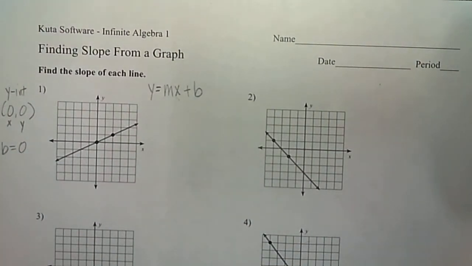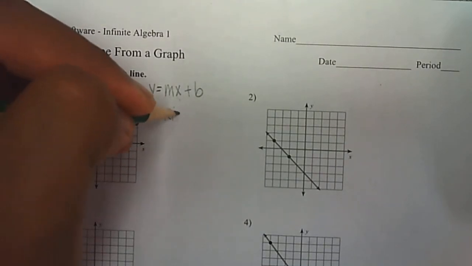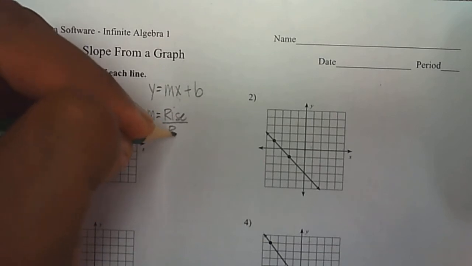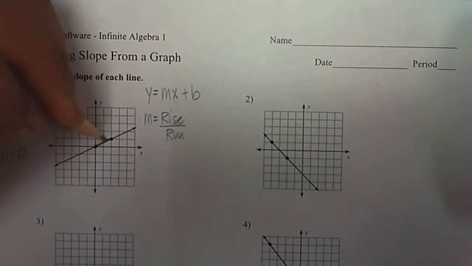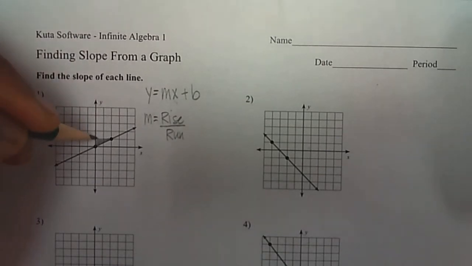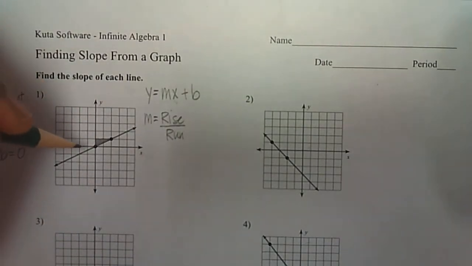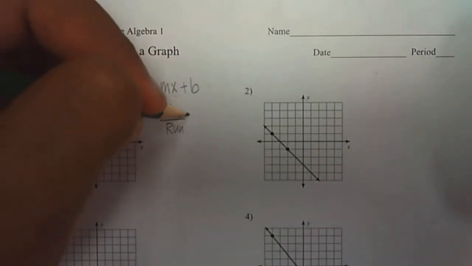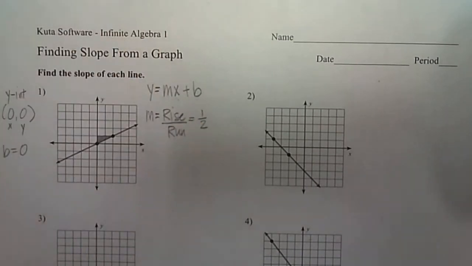Your slope is rise over run. So if you go from these 2 points, see that little rectangle? It's so pretty. Triangle. So you go up 1 and you go over 2.